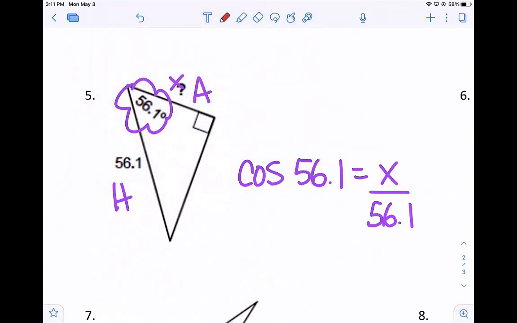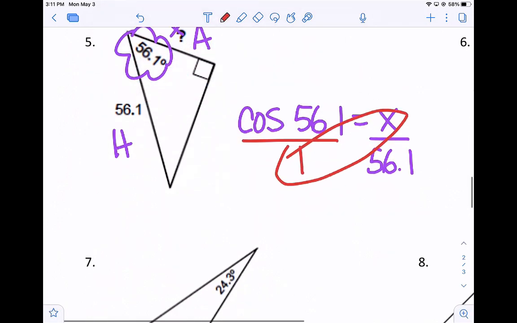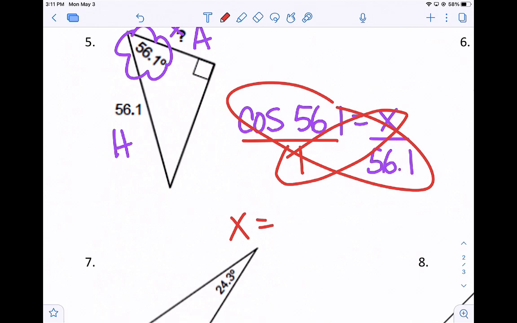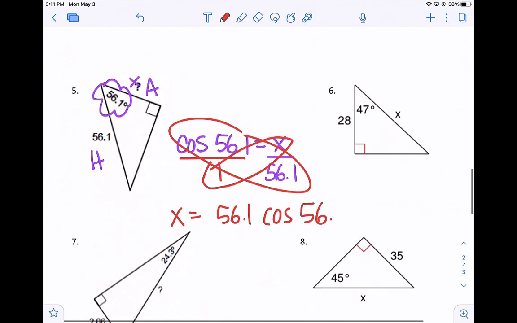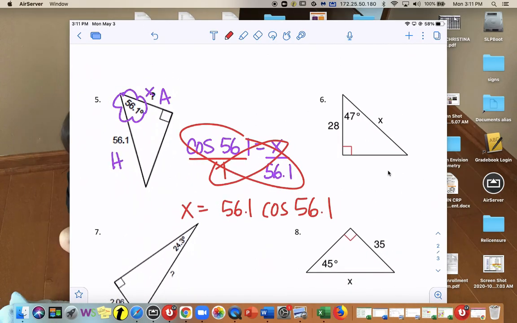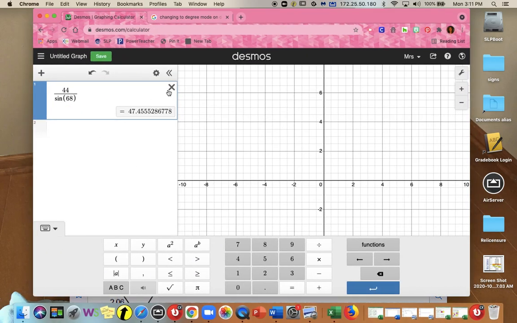And then we're going to cross multiply and solve. So we have x equals 56.1 times the cosine of 56.1. Ooh, that's kind of funny. So we'll type that in. 56.1 times the cosine of 56.1. And it's about 31.3.